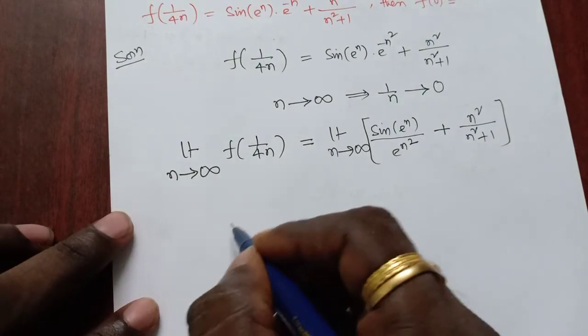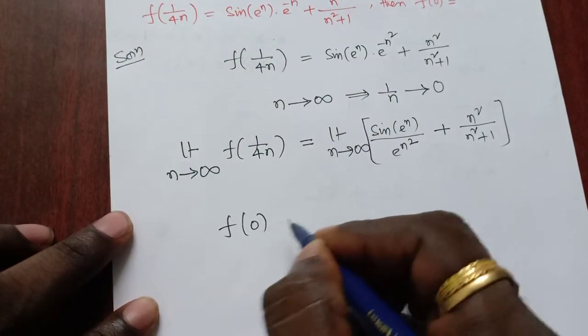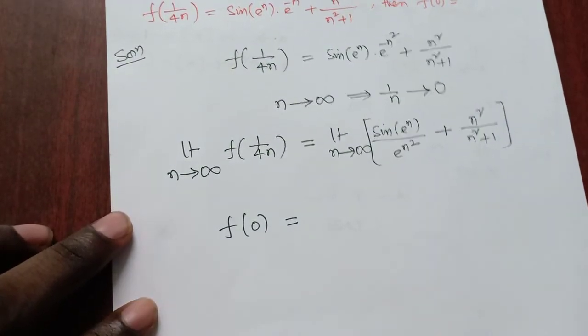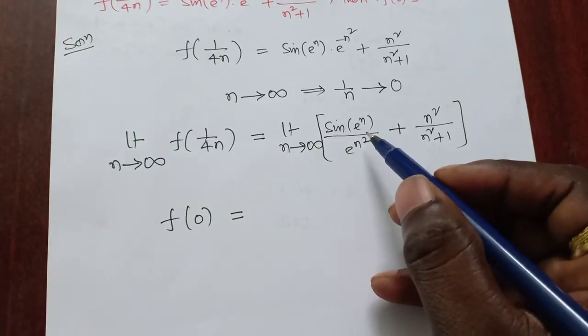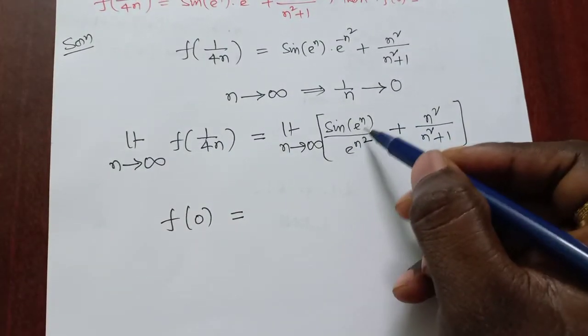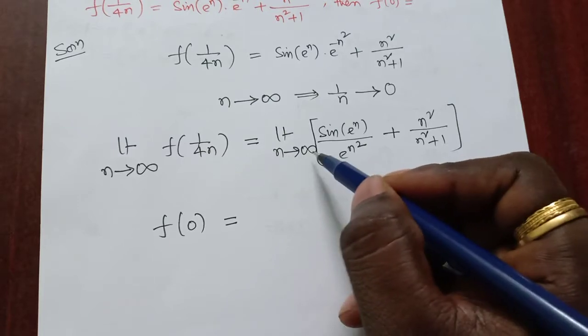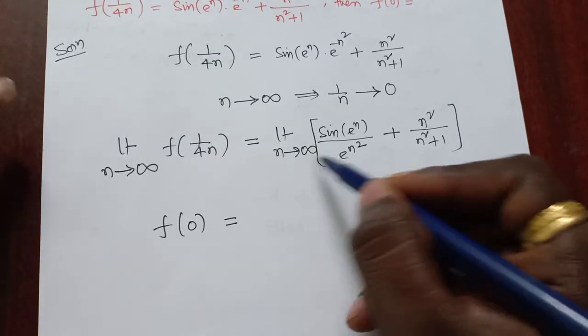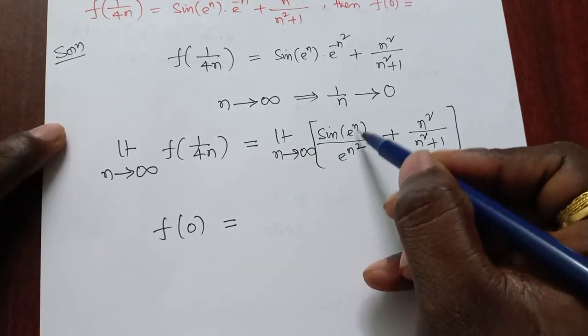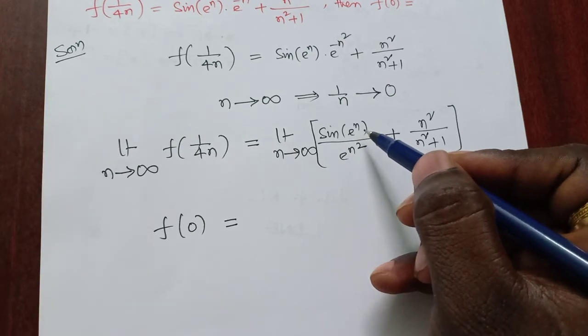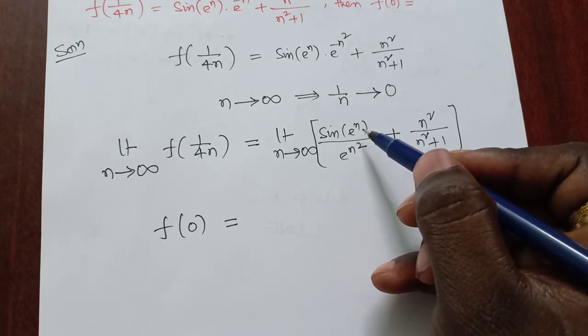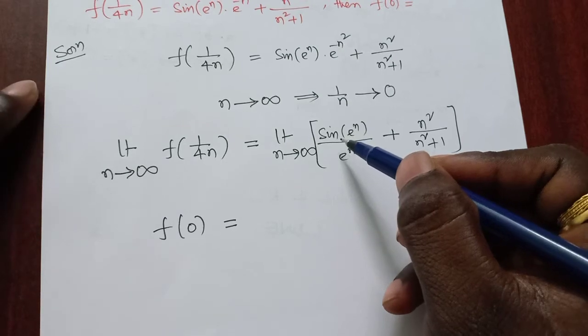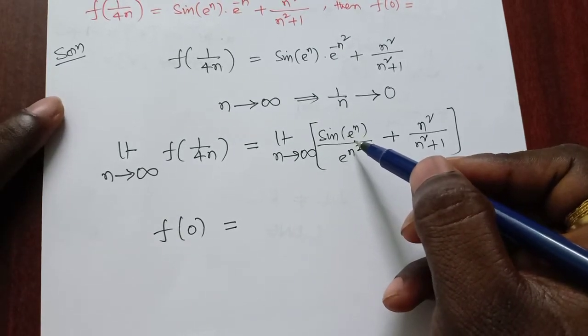Now clearly here f of 0 should be equal to, see here, sine of e power n as n approaches infinity. As n approaches infinity, e power n is infinity. But what is the range of sine for x belonging to R?